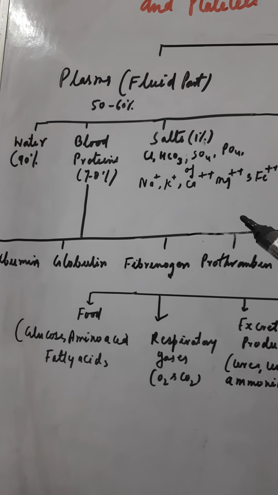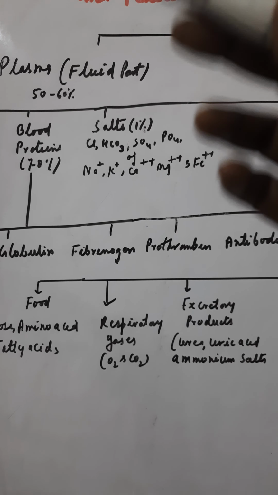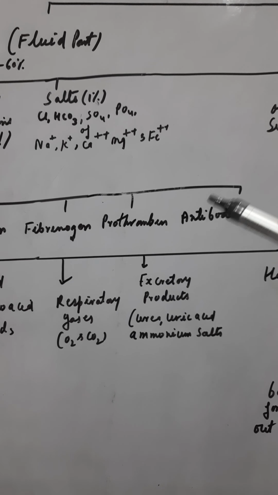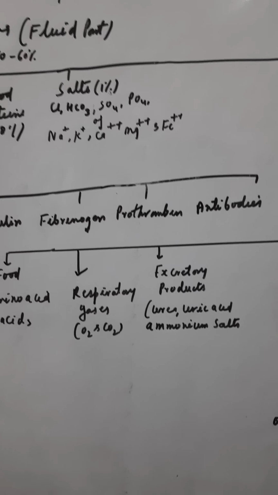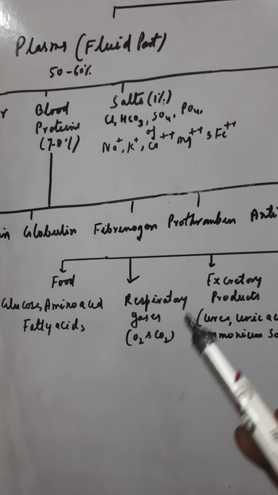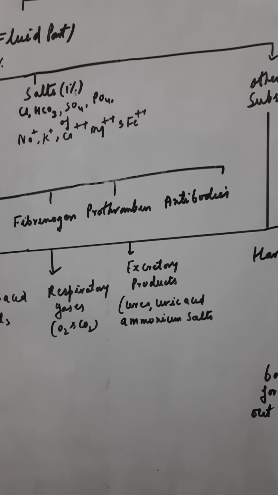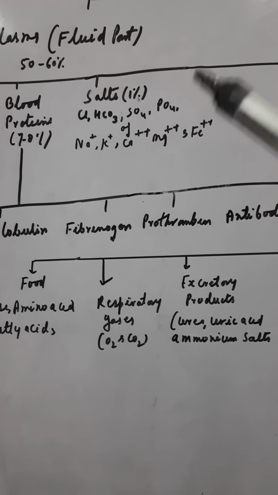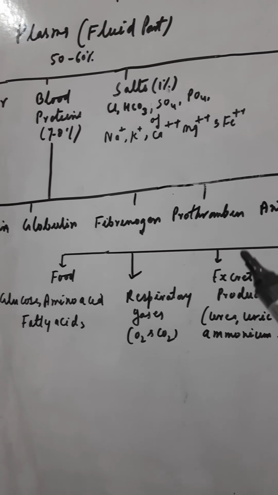Now what does plasma contain? Water and blood proteins like albumin, globulin, fibrinogen, prothrombin and antibodies, and other substances like food, respiratory gases, excretory products and hormones. So these are all dissolved in the fluid part, that is the plasma.